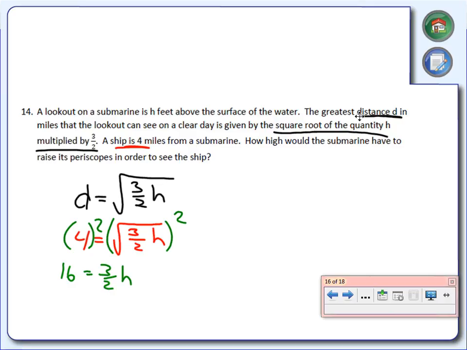I'm solving for h, and right now next to that h is a 3/2. So what I'm going to do is multiply by the reciprocal. And the reciprocal of 3/2 is 2/3. So that's what I'm going to multiply both sides by. So now I know that h is equal to, I don't know, what is 2/3 times 16?